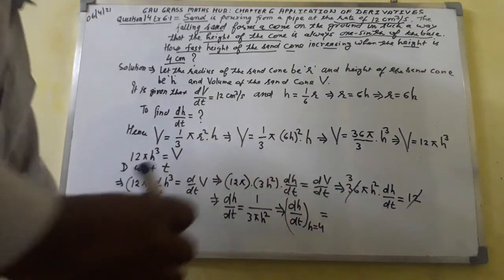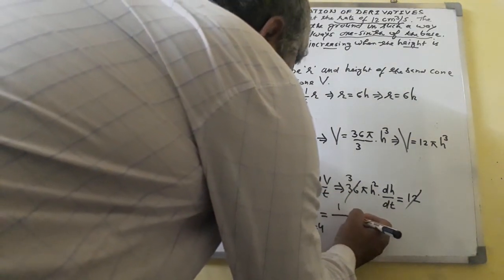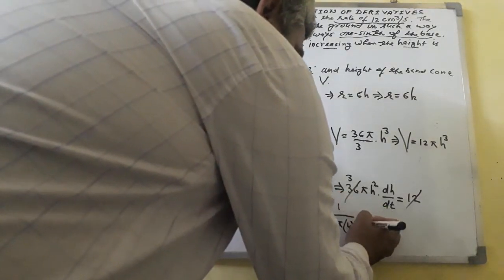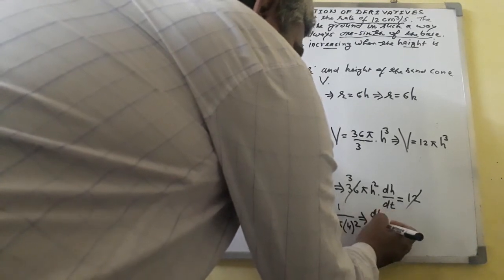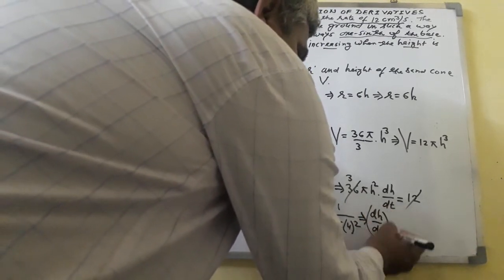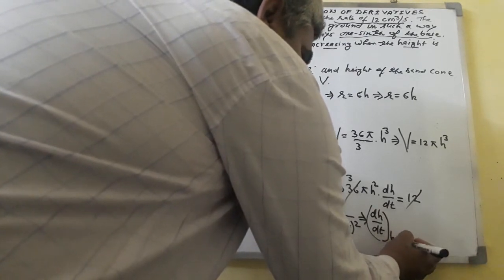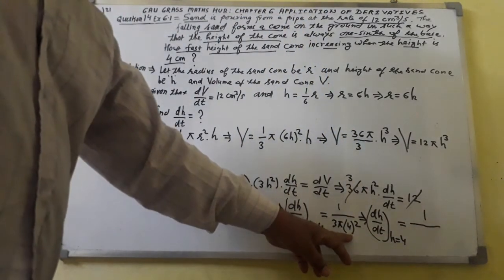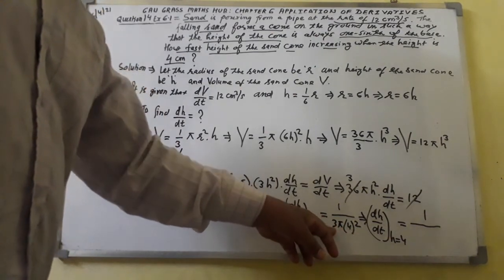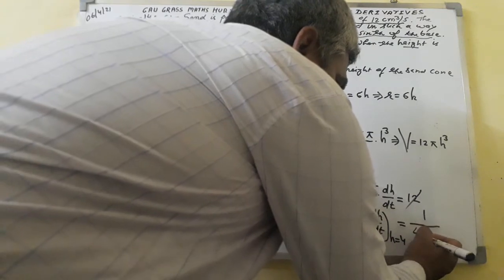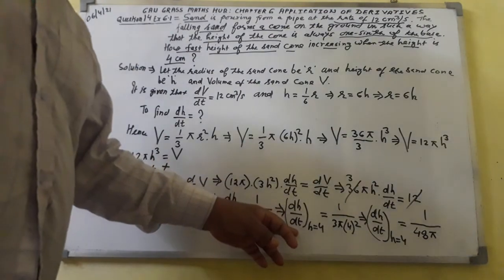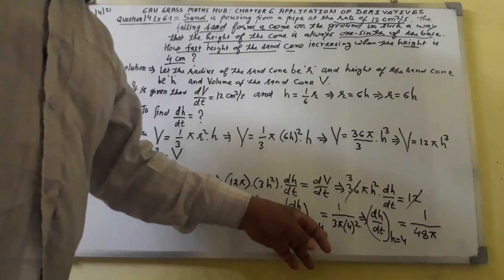We shall get 1 over 3 pi (4) whole square. 4 square comes out to be 16, 16 times 3 is 48. So we write 48 pi. dh over dt at h equal to 4.